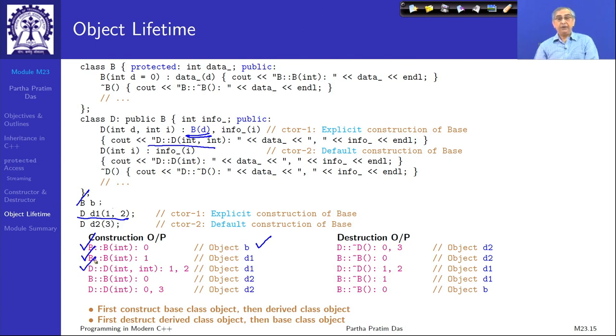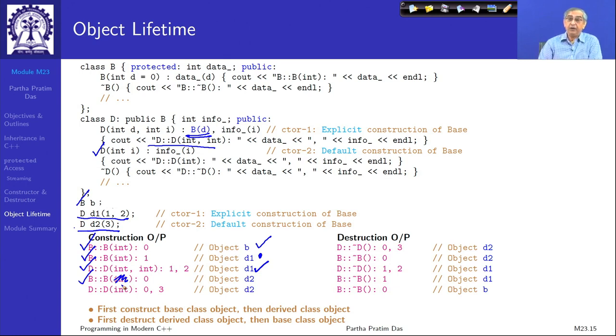So, now you have the derived class construction with 1, 2. So, here the object d 1 is ready; earlier it was being worked on, it was partially ready. Then you have d 2. This will use this constructor, which means it will use the default constructor of the base class. So, again you have the base class constructor, this is a typo, this should be removed.